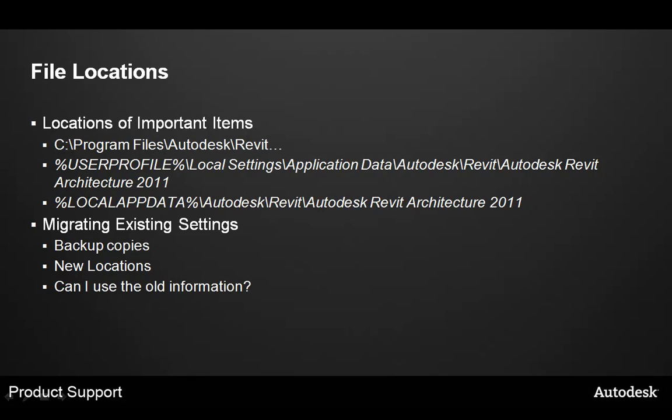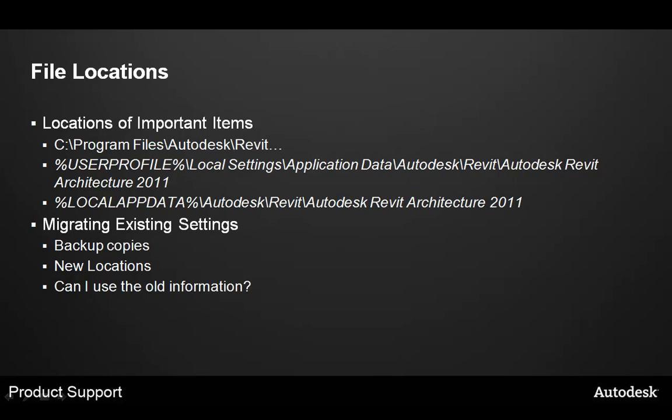A key step in upgrading to a new version of Revit is understanding the location of important files. It's important to understand that in 2011 products, the program directory has changed slightly. In previous versions, Revit products were located in C:\Program Files\Autodesk\Revit Architecture or Revit Structure or MEP 2010, specifying the version year.